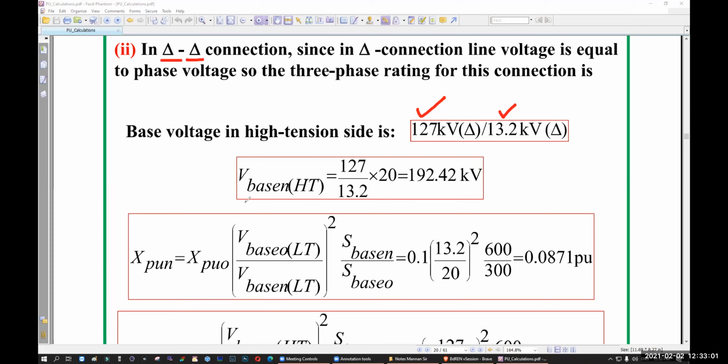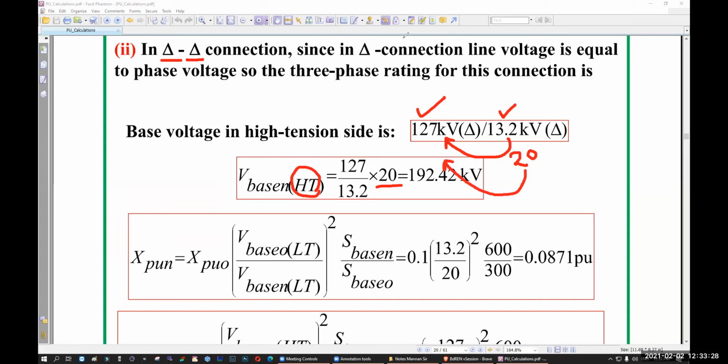Now your V base new for the high voltage side will be what? 127 divided by 13.2 into 20. That means if you give 13.2, you will get 127. But if you give 20, you will get more than that, right?